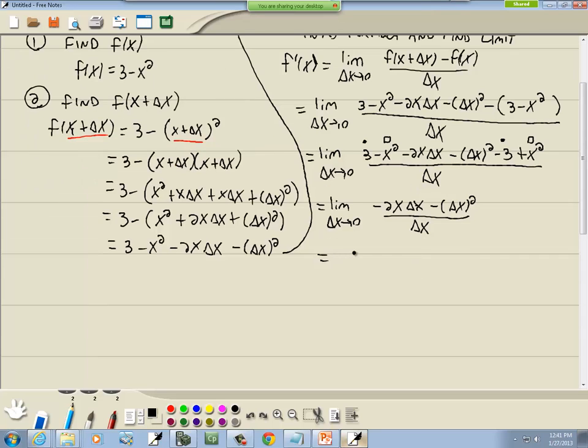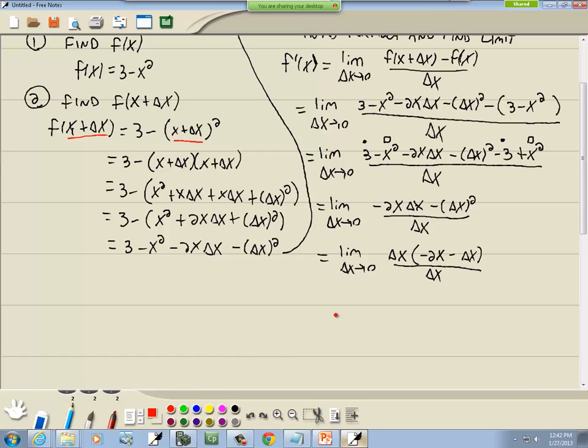Now you notice up on top, both items there have a delta x. So I'm going to factor out a delta x. And that leaves us negative 2x minus delta x, all over delta x. Now notice up on top here we have delta x times something.